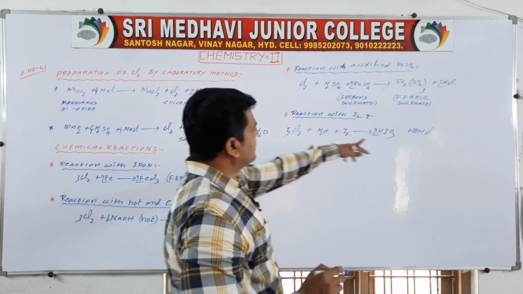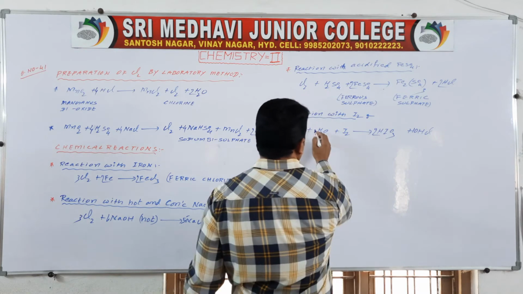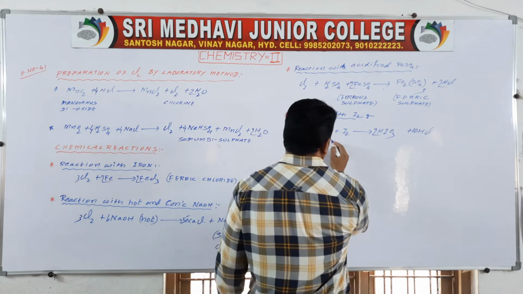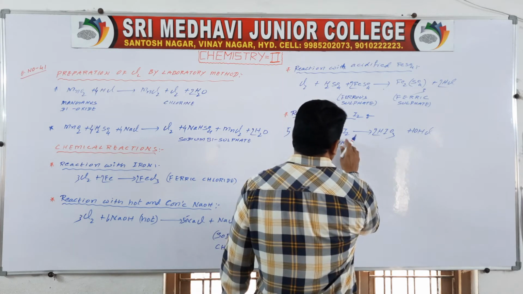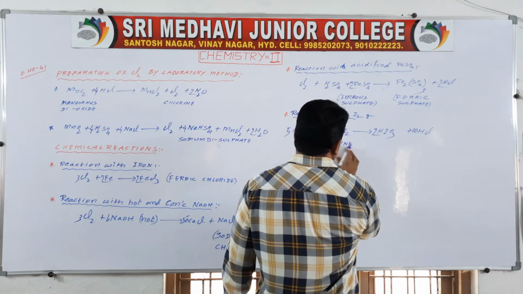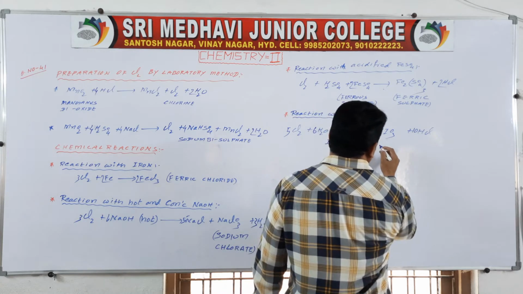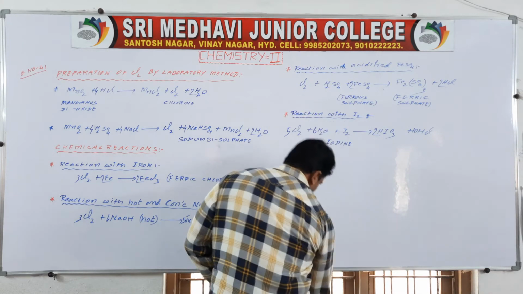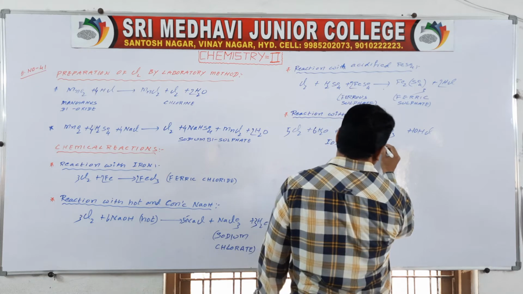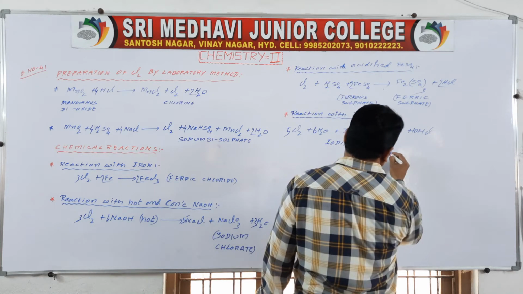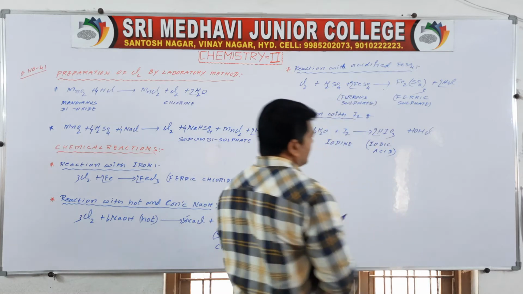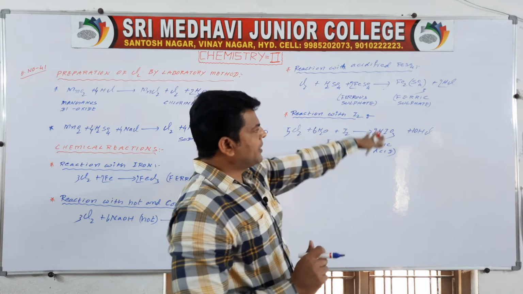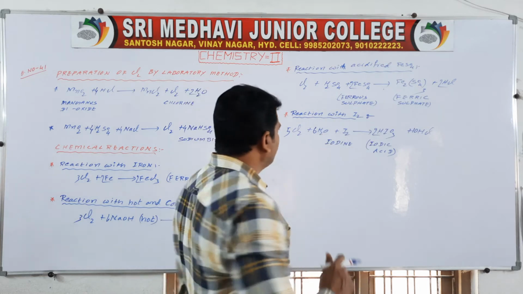So 10 Cl, 10 hydrogens, plus if you take 6, then it is balanced. It is iodine which forms iodic acid. So here chlorine reacts with iodine to form iodic acid, which produces hydrochloric acid.